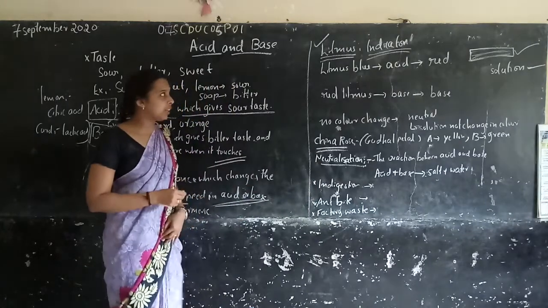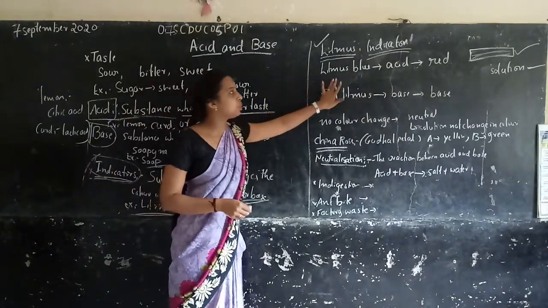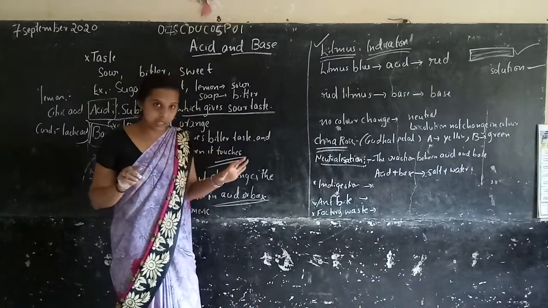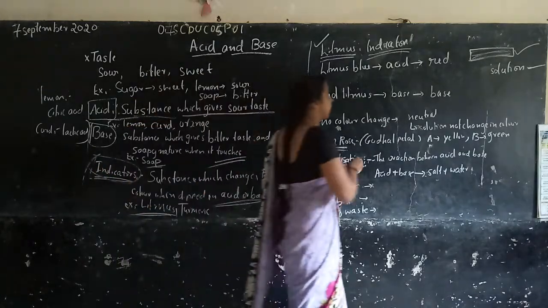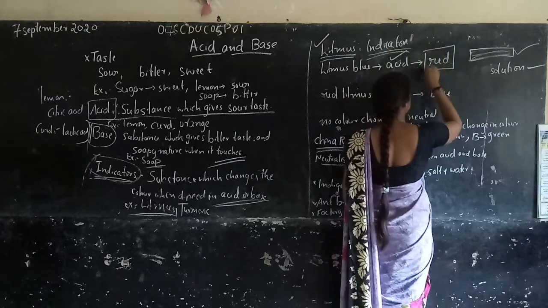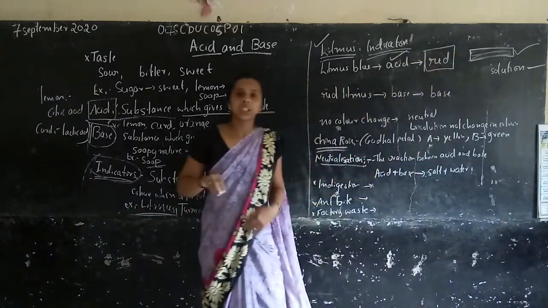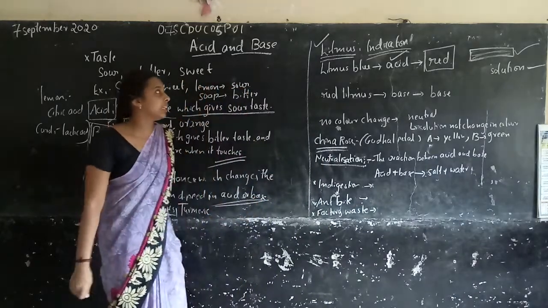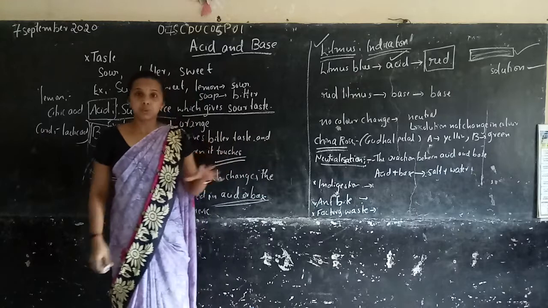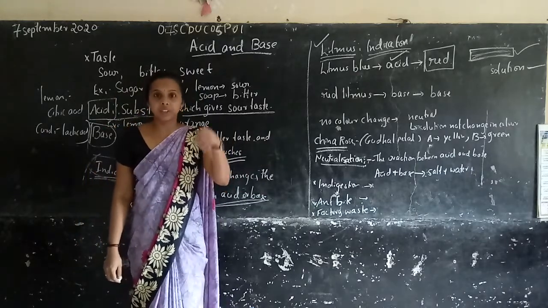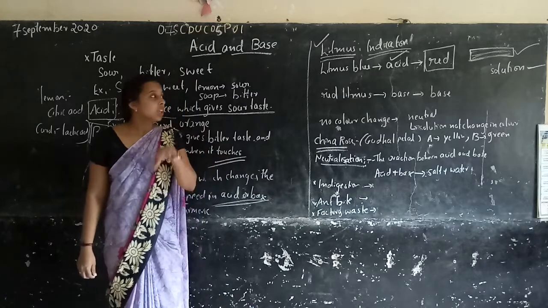If I take a blue litmus paper or strip and dip it in acid, it shows a red color. So if blue litmus paper is dipped in acid solution, what happened?